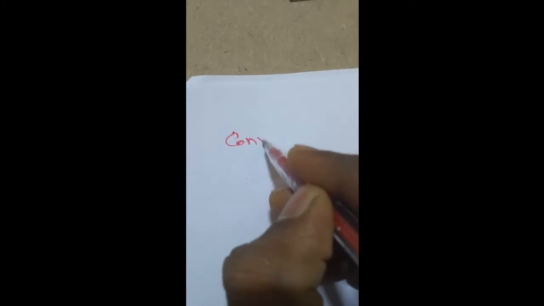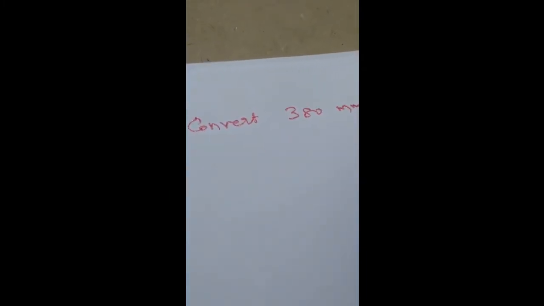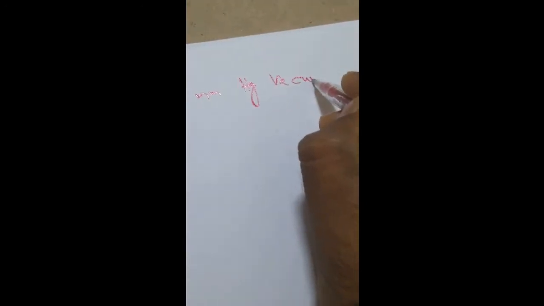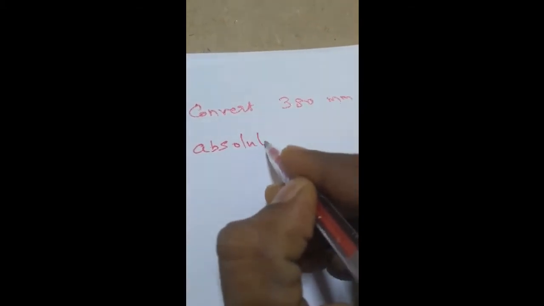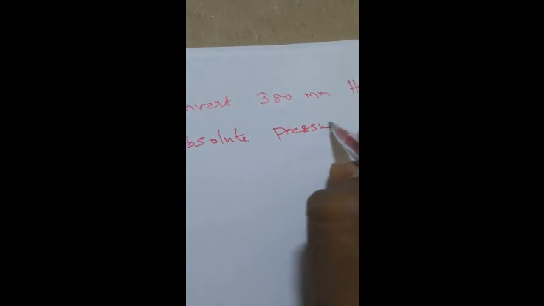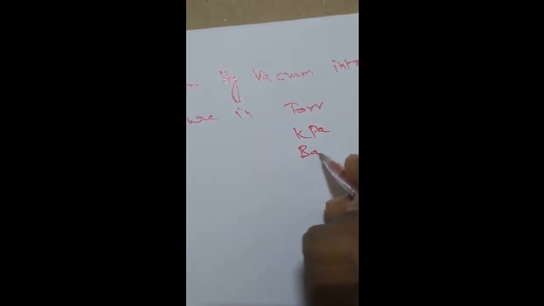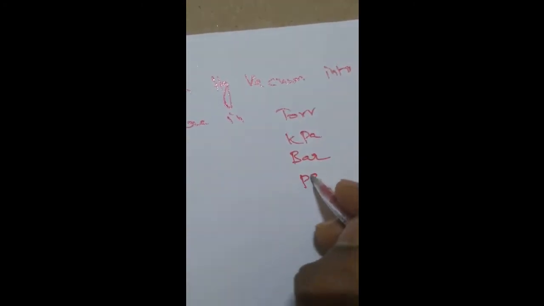So our next question is, convert 380 mm mercury vacuum into absolute pressure in torr, kilopascal, bar and pounds per square inch.